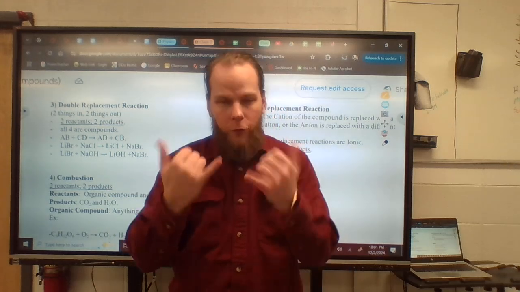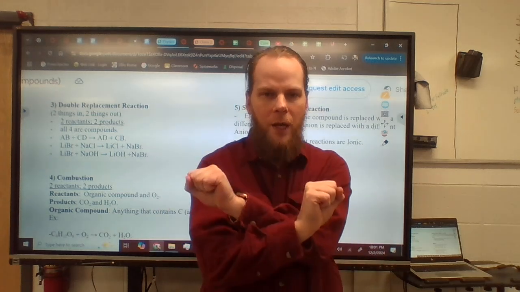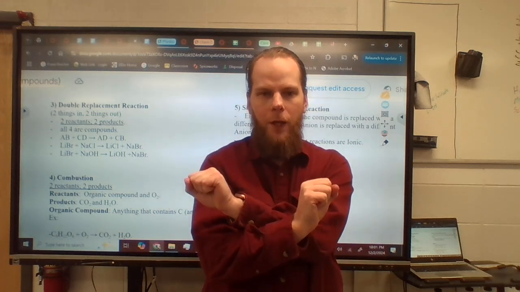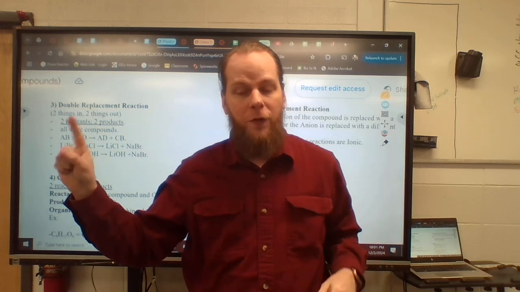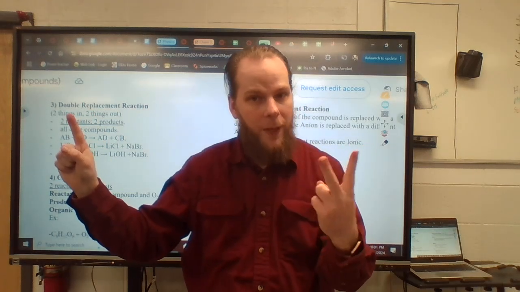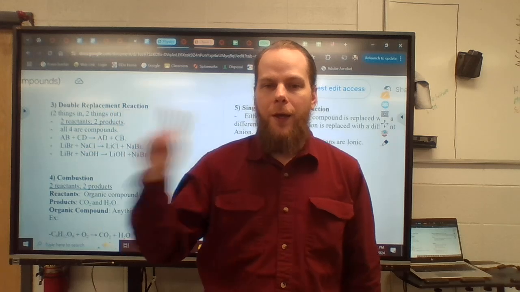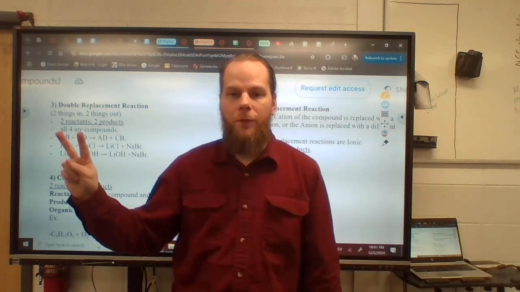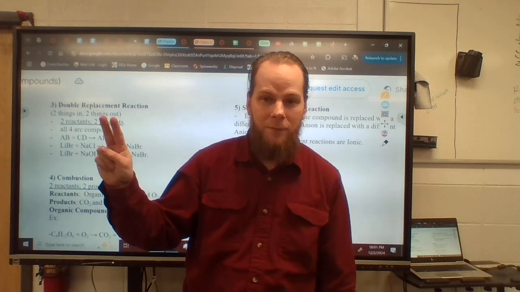Those 2 compounds are going to trade their anions. That's why it's called a double replacement, because 2 compounds are replacing their anions. So we'll have 2 reactants and 2 products, 2 things in, 2 things out.